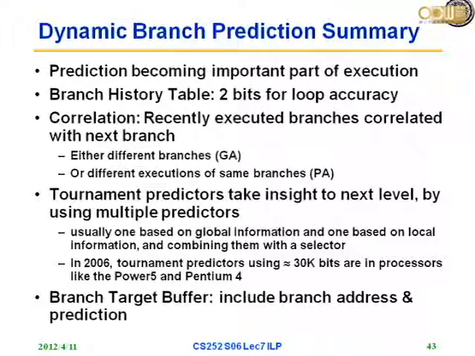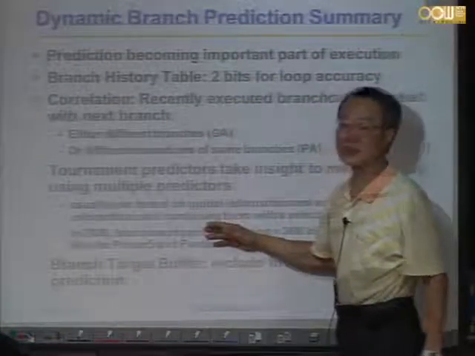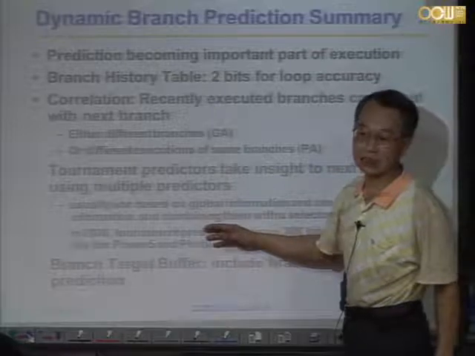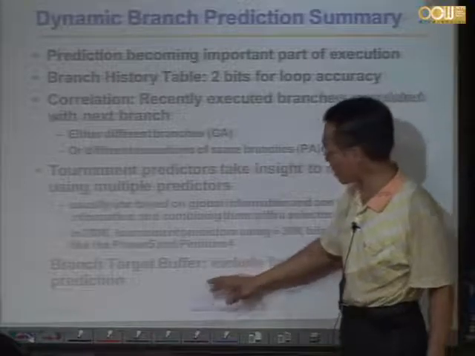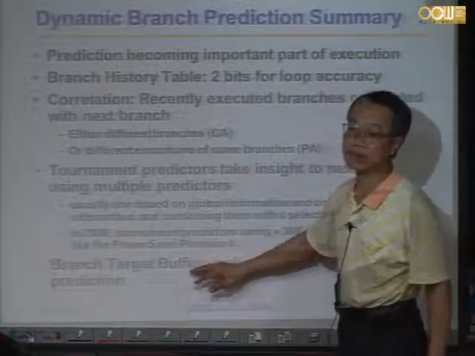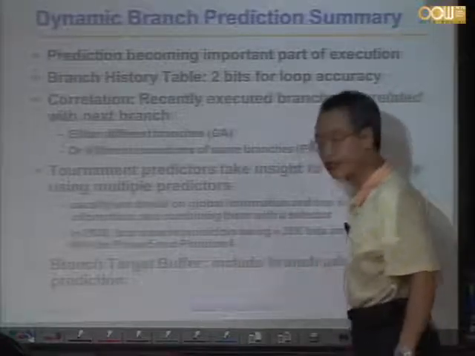And tournament: some predictors may work better than others. So when I have different designs, I want them to compete with each other, and I always choose the best to use. Target buffer: all these deal with the question of whether I should branch or not. But I still need to know where to go if I want to branch. So target buffer deals with where the target should be. And this cannot solve it all.